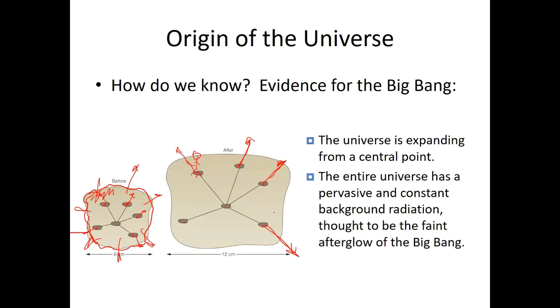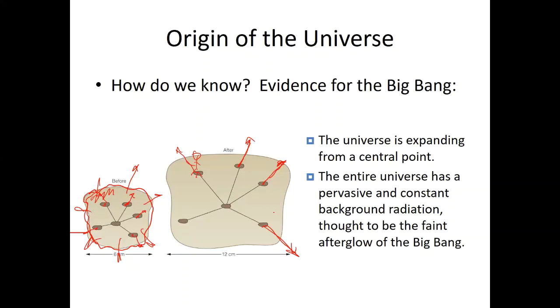Also, everywhere we point our telescopes, no matter where we look in the night sky, we measure a faint amount of radiation, so a faint amount of energy. Even if there's no known celestial body that's radiating light, that's producing light, or could be reflecting light back, we measure a small amount.